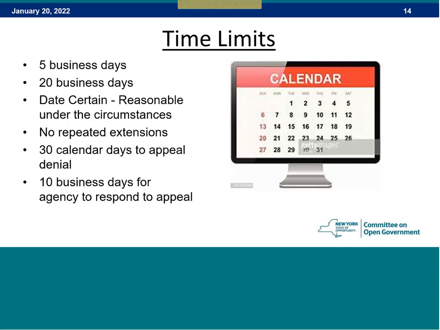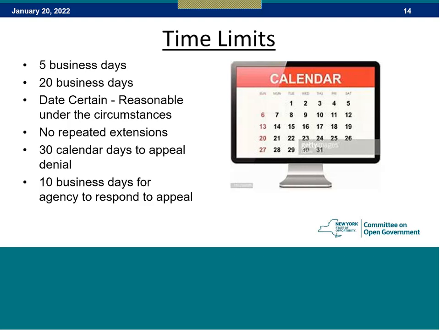If the agency requires more than 20 business days to respond to a FOIL request, it is required to provide the applicant with a date certain that is reasonable under the circumstances by which it will respond.